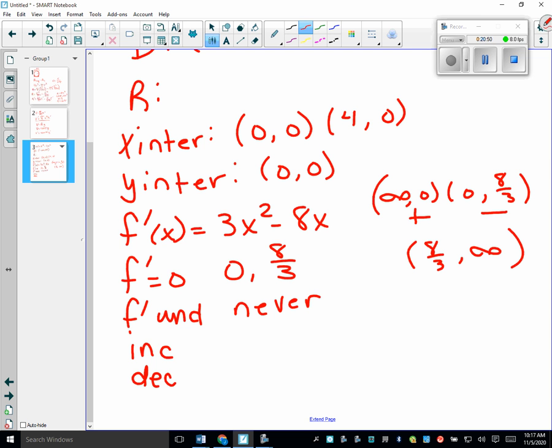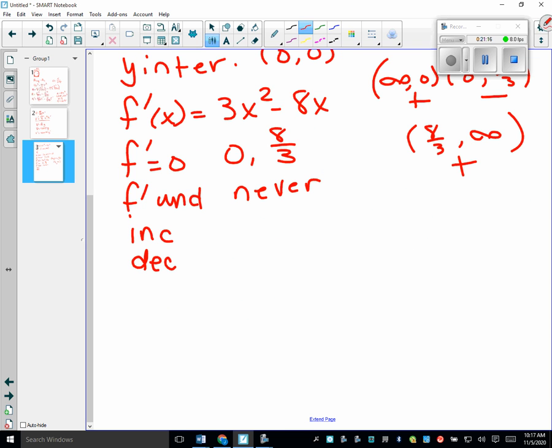And then I'm going to plug in, so we're not using 4, 0. I don't use the intercepts. I only use, under F prime, I only use 0 and undefined. I believe this one is positive.